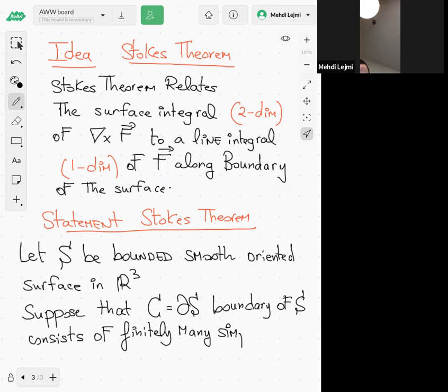Simple means it doesn't have a self-intersection, except of course at the point where you close the curve.